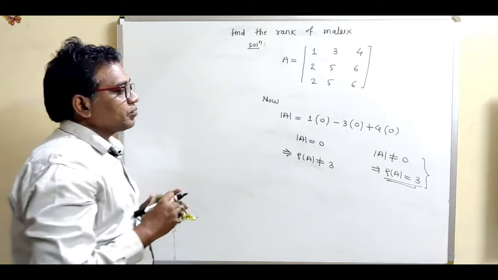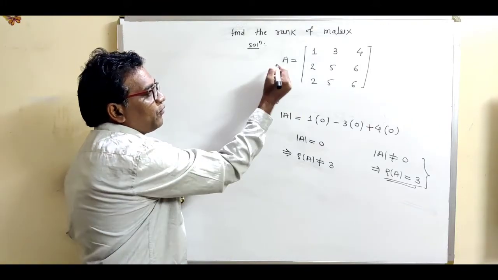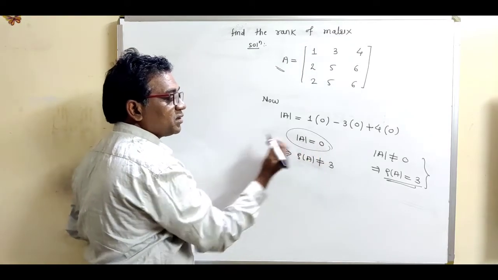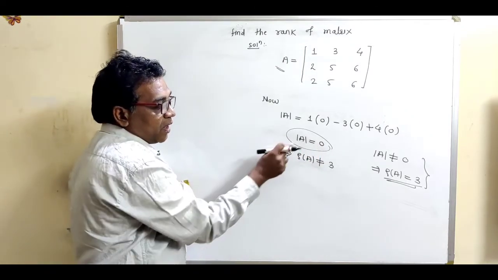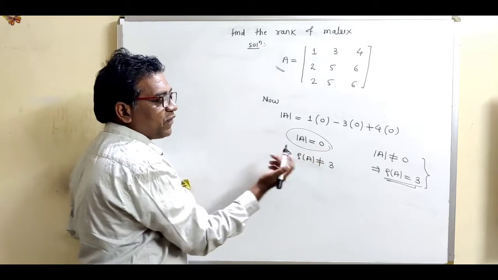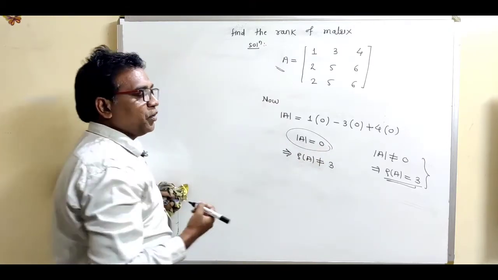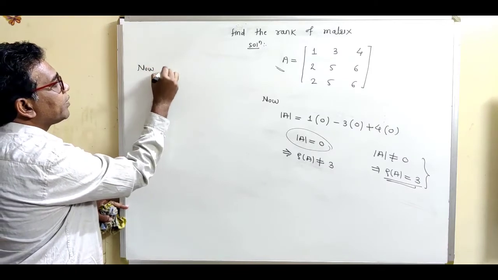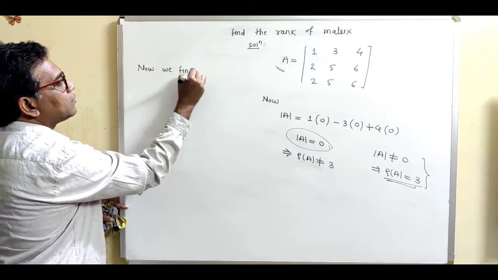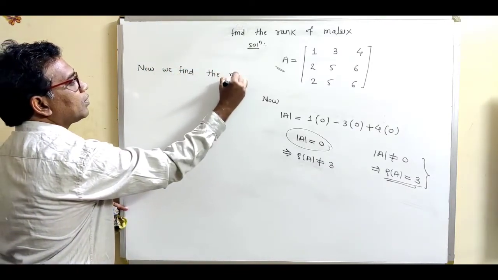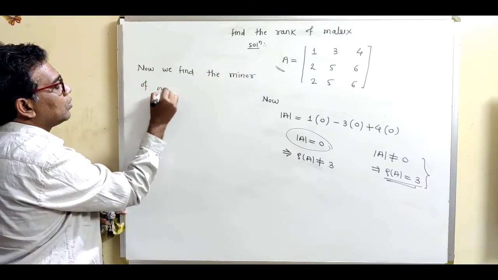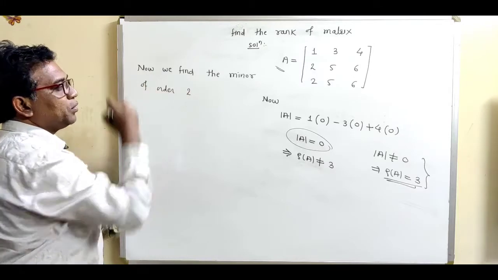So see, first of all, from the given matrix, find out the determinant of order 3 by 3. If that is 0, then find out the determinant of order 2 by 2. So write down here. Now we find the minor of order 2.